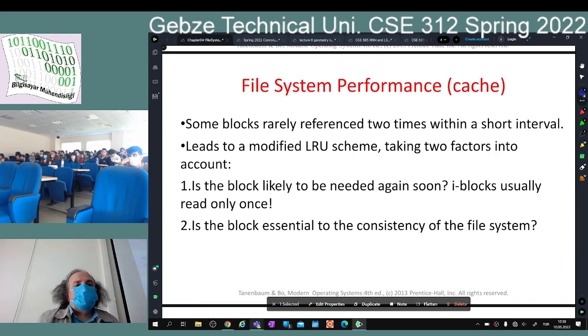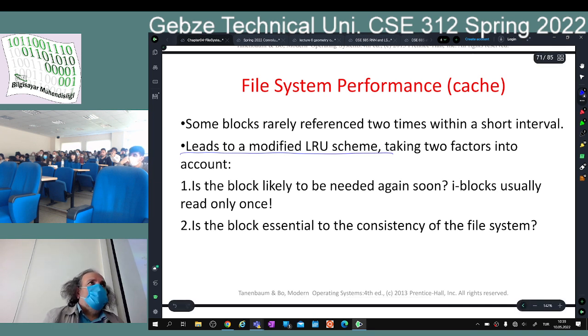Okay, so I need to modify this LRU a little bit, because I know my application. My application is opening files, modifying files and directories, etc. Depending on your file system type, some of the blocks are special blocks. For example, the inodes. In Unix, opening a file means finding the inode and loading it to the memory and keeping it in your memory while the file is open.